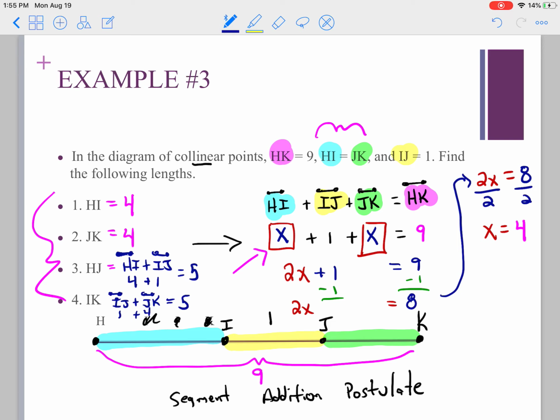And so now we have found the values of all of the lengths of these segments. We used the segment addition postulate in order to set up an equation that allows us to solve for the missing variable. And again, anytime there is a missing value, we are going to assign it a variable. In this case, we assigned it the variable x.